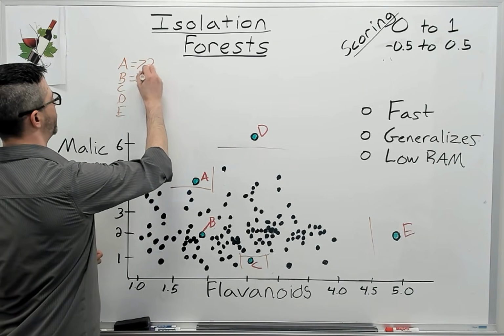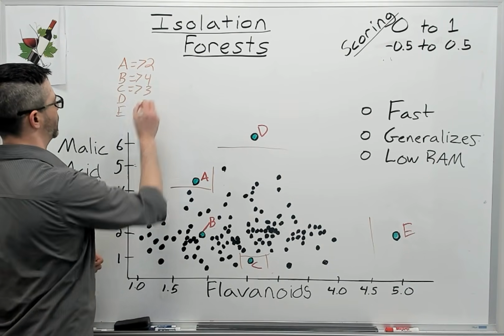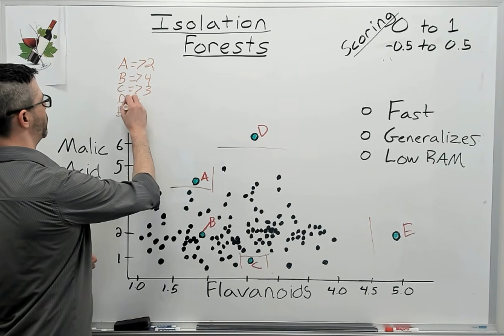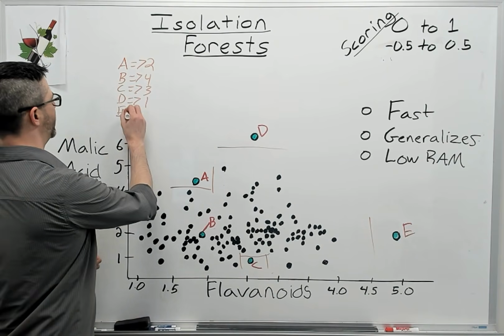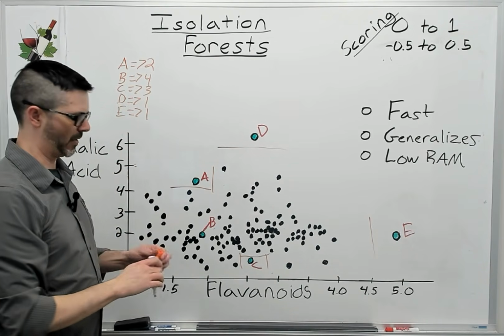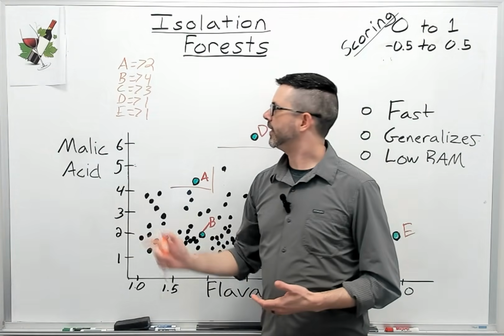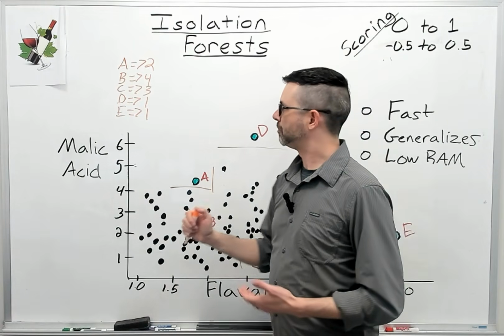B takes 4. C takes 3. D only takes 1. And E only takes 1. But these are lower bounds for this method. In other words, there's not a way to completely isolate any of these points that's less than that amount.